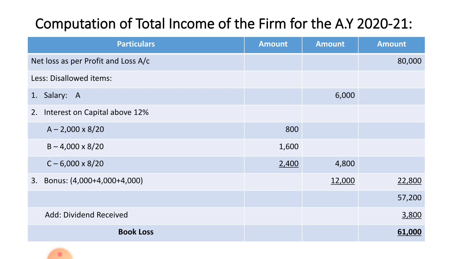Computation of total income of the firm for the assessment year 2020-21. Net loss as per profit and loss account is given, that is 80,000. From that you have to deduct disallowed items. Three items are there.